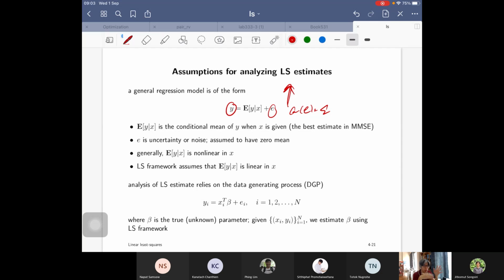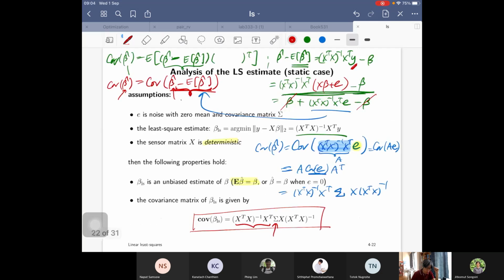Y is going to be highly fluctuated, right? But your least square estimate, remember, is an affine transformation on Y. So your beta hat is also highly fluctuated from the results of Y, which is also from the results of the noise. That's why the covariance of beta is proportional to the covariance of the noise.